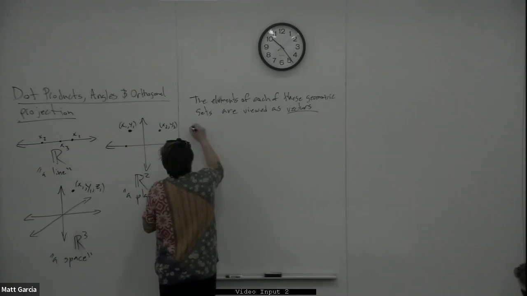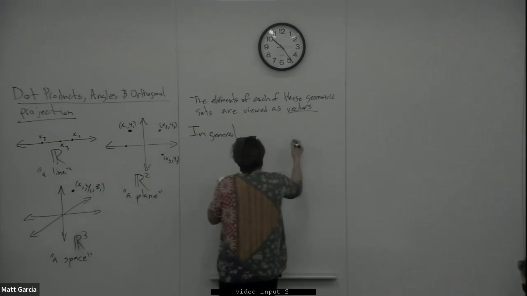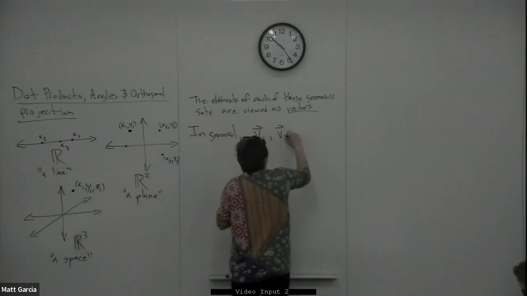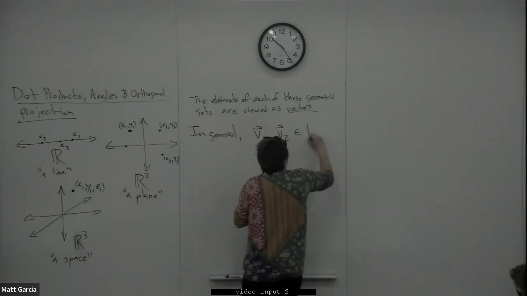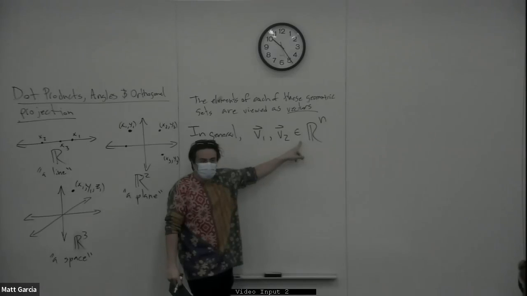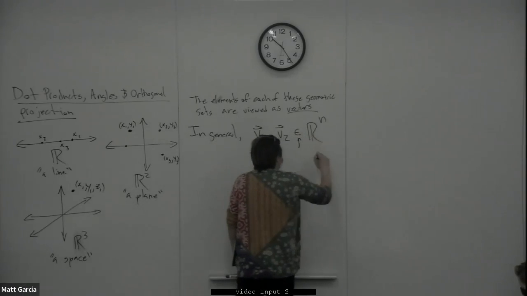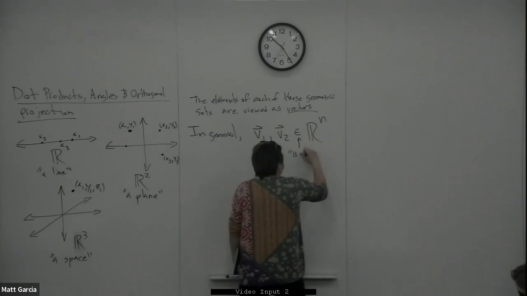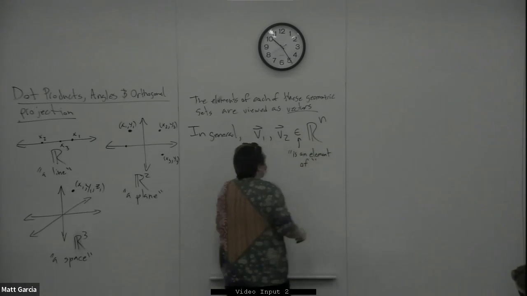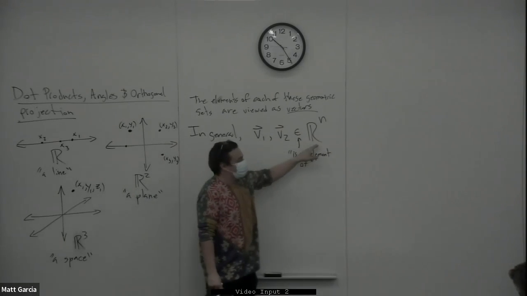So in general, if we take V1 and V2 as elements of Rn, is this curvy little e familiar to people? No. Okay. So this is a symbol that means is an element of. So all I'm saying is I'm taking 2 vectors in n-dimensional space.